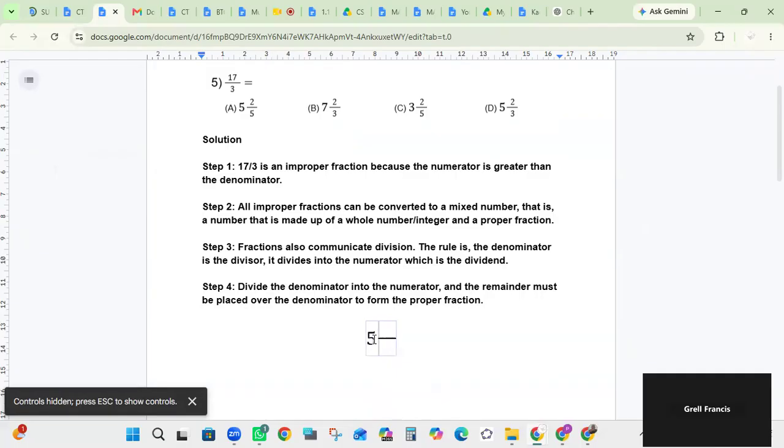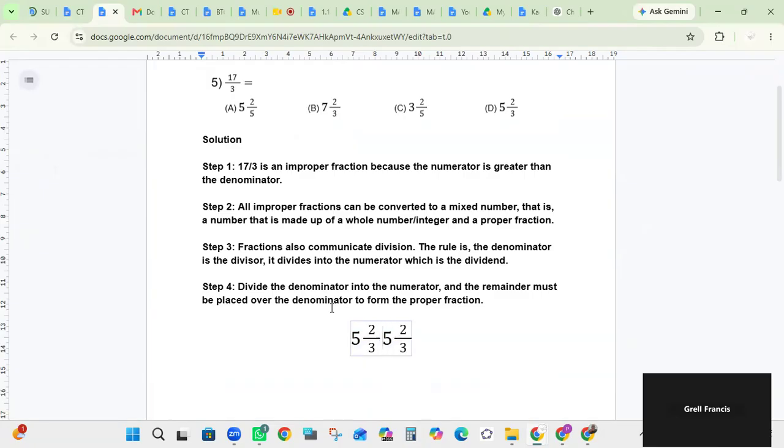So 17 over 3 is equal to 5 and 2 over 3. So the answer is D. Yes, sir.